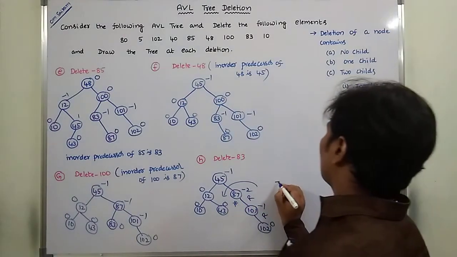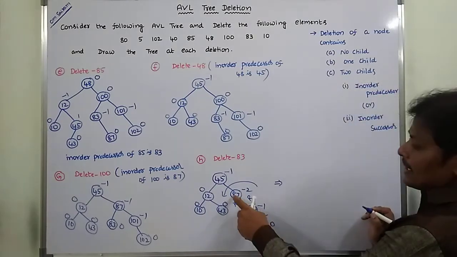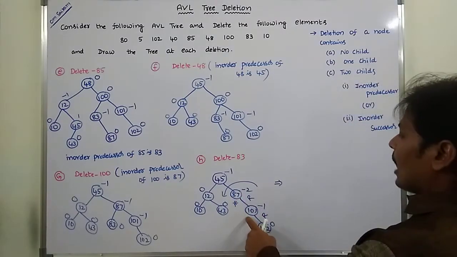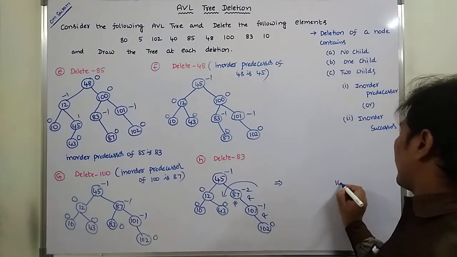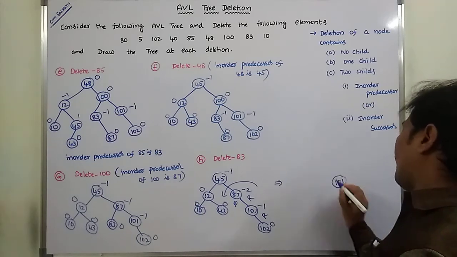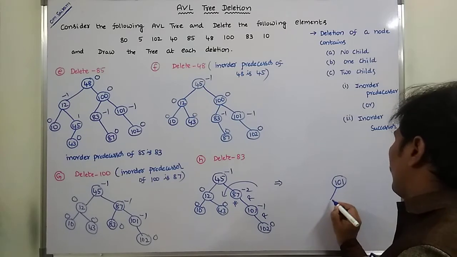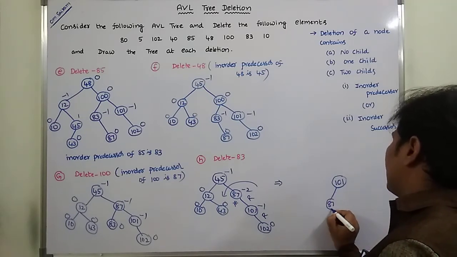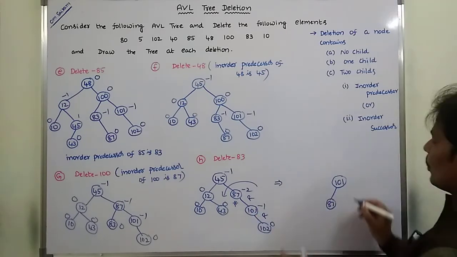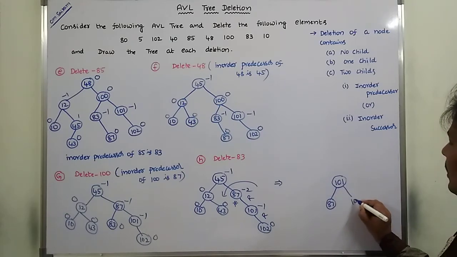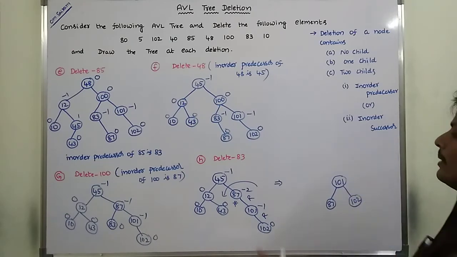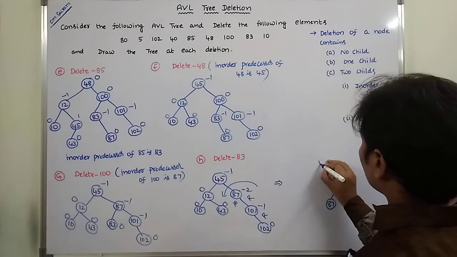So now in the tree 87 goes down and 101 goes up. 102 goes to this place and 45 is the root node.